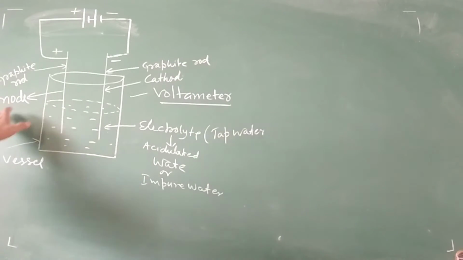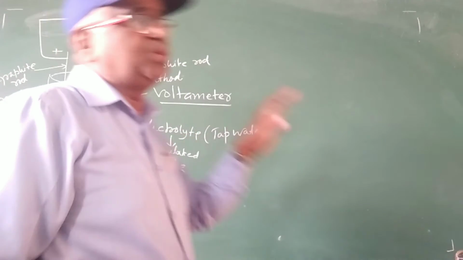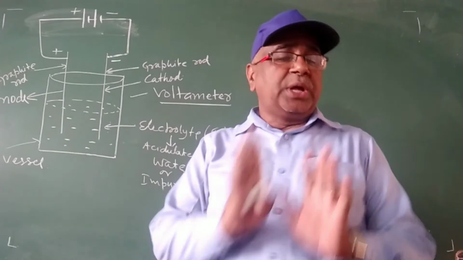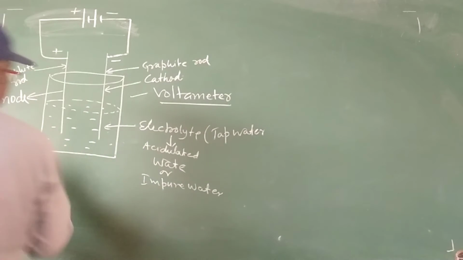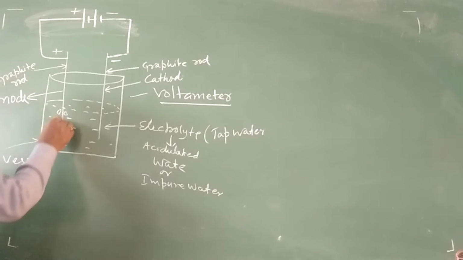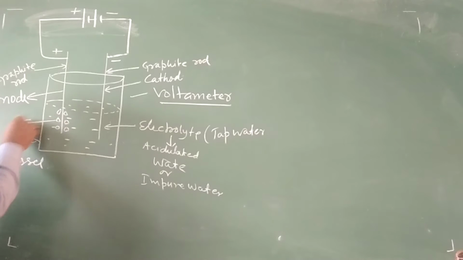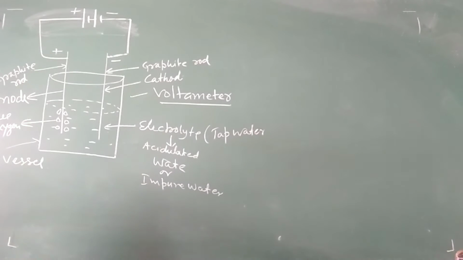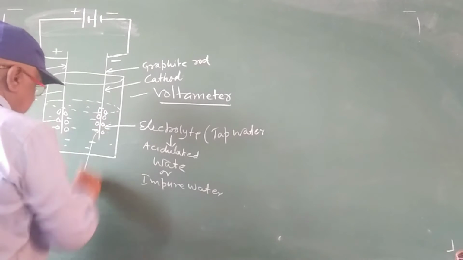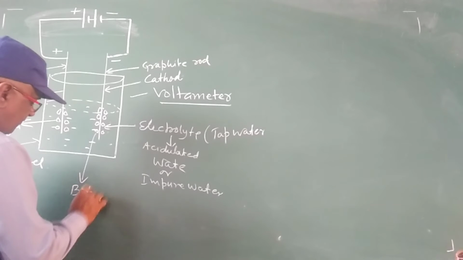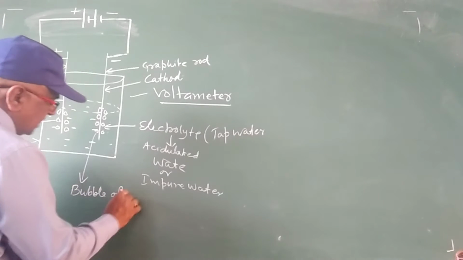So anode and cathode all together are known as electrodes, and oxygen is collected at the anode. So at the anode, these are the bubbles of oxygen collected, and here are the bubbles of hydrogen gas.